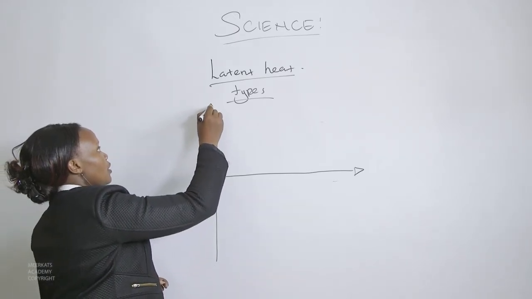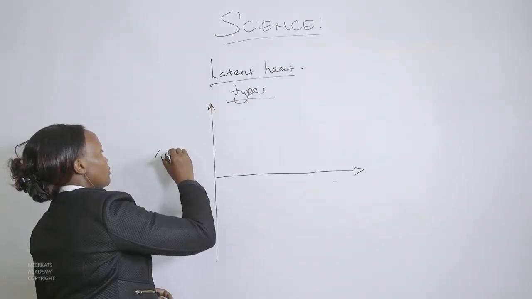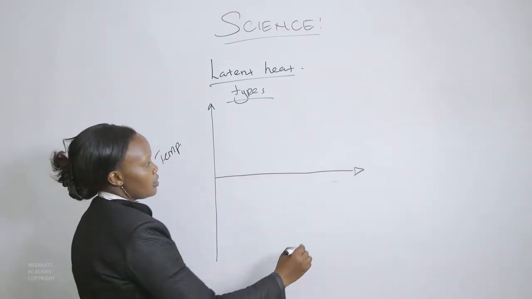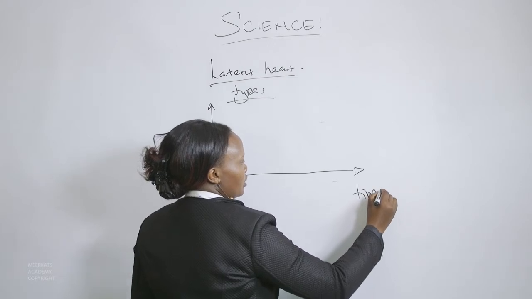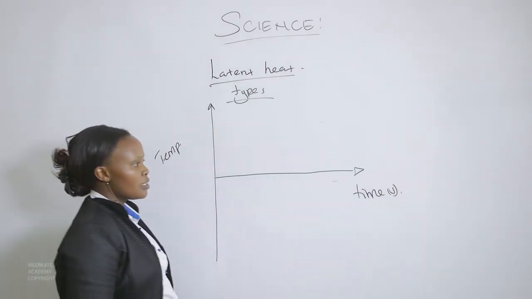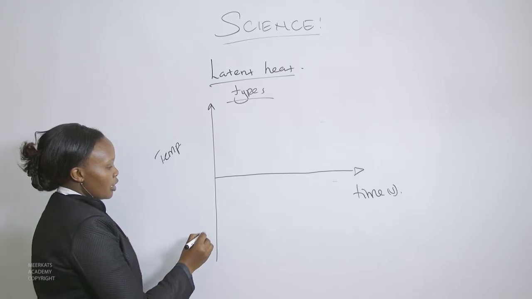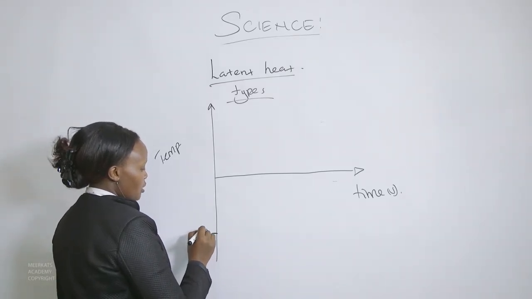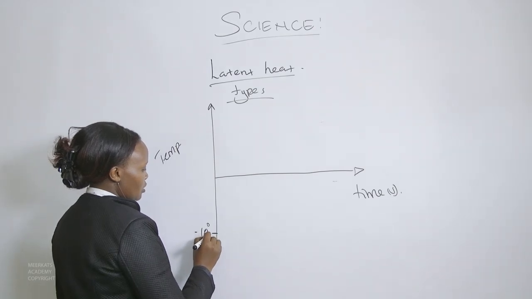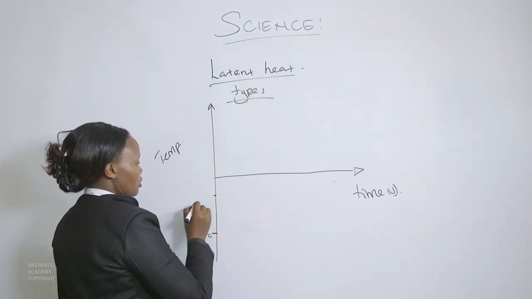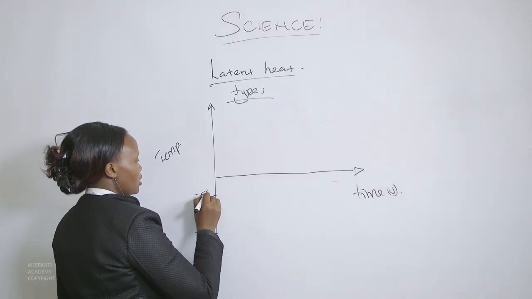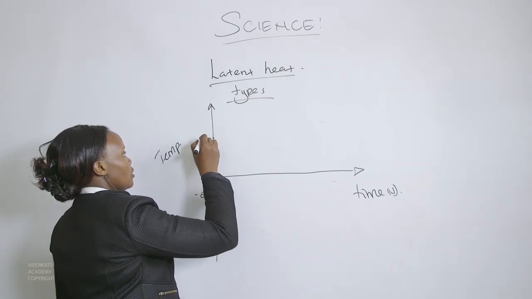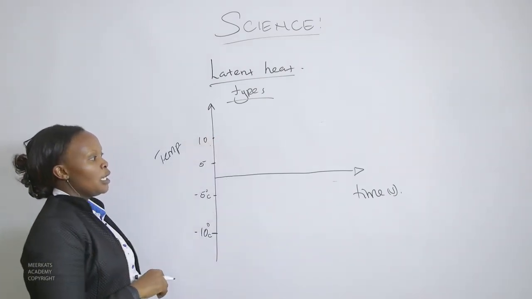This being the temperature, that being the time in seconds. Now, let us imagine that we are heating a given mass of ice from -10 degrees centigrade. We can call it -5 degrees centigrade. This is 5, this is 10.